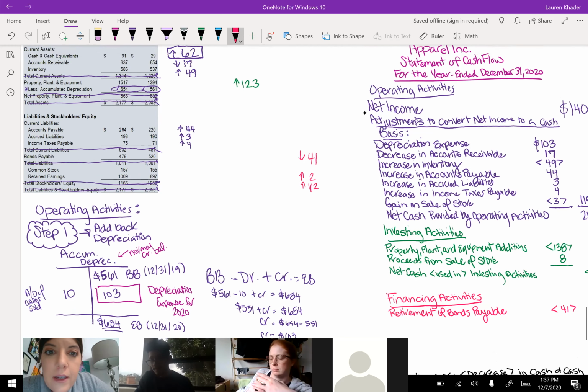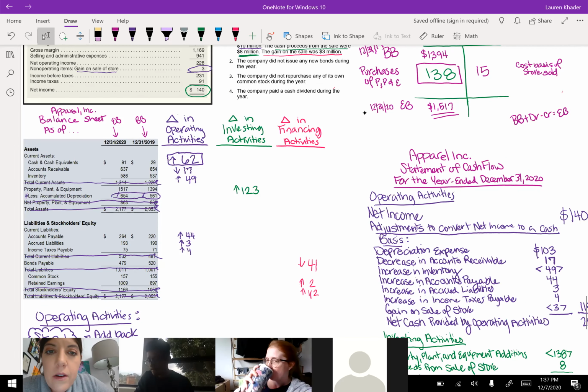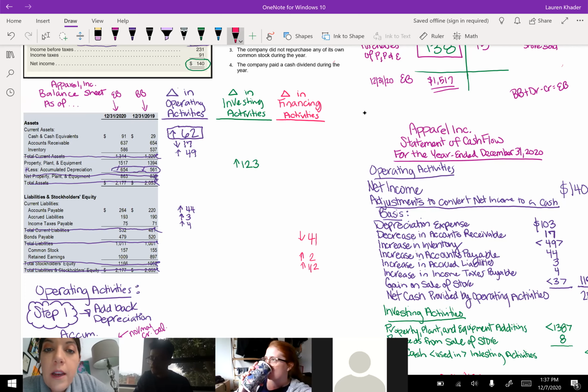For the next line, we need the supplemental information again. The company did not repurchase any of its own common stock during the year. So there is no treasury stock involved here. The increase in common stock is solely related to what?